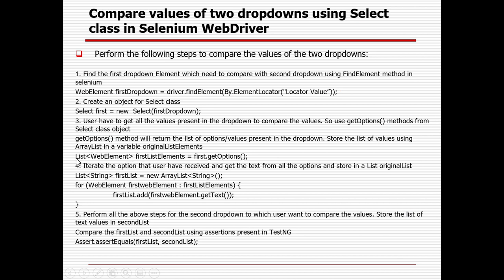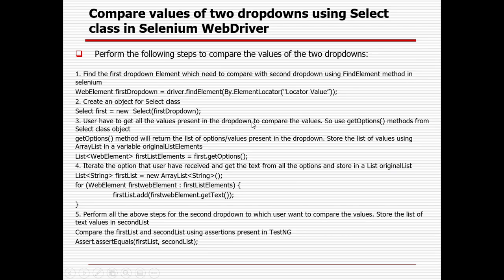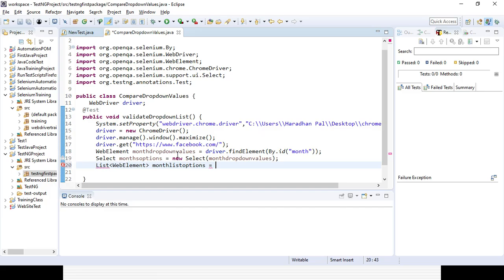After that, you need to use the getOptions method available in the Select class, and you need to use the List interface, where you can store all the month elements, right. So I am using List. Here you need to pass the WebElement, and here you need to declare a variable, equal to months options dot getOptions, right.